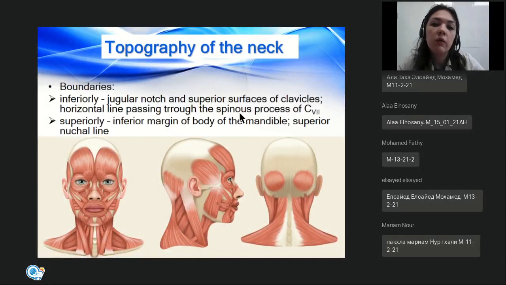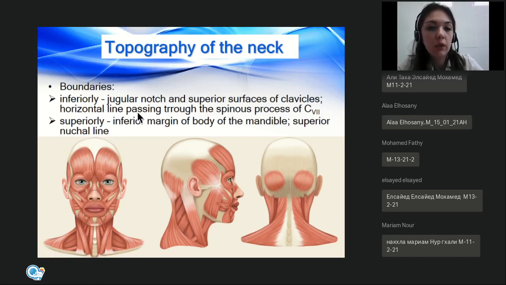Okay, so these were muscles of the head. In the neck, there are also many muscles. To understand which muscles belong to the neck region, you have to know the boundaries of the neck. Inferiorly, it is the jugular notch and superior surfaces of the clavicles, and a horizontal line.